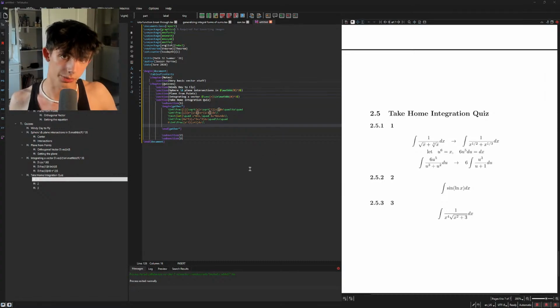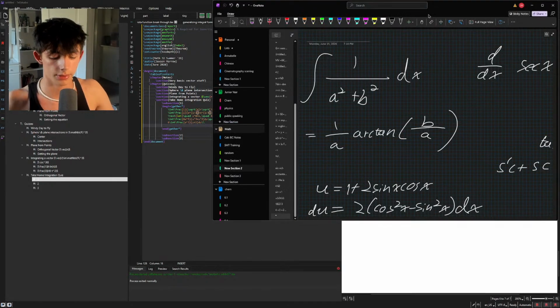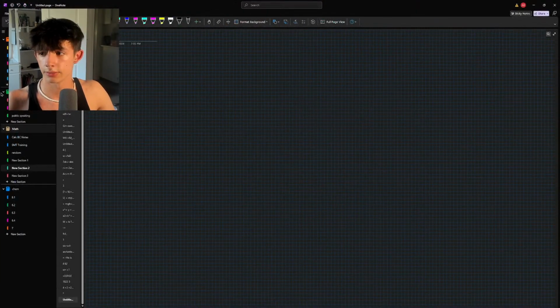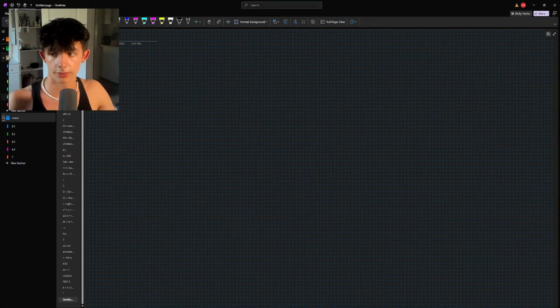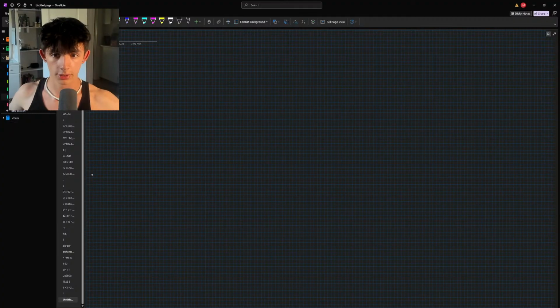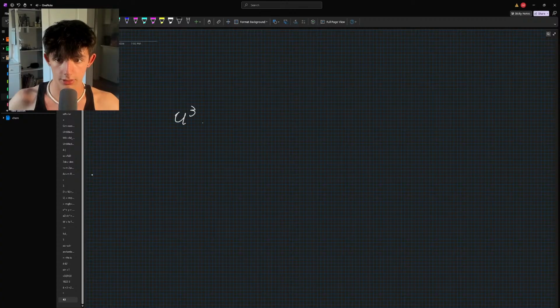Normally when you have a polynomial in the top and in the bottom, you can actually just divide. So let's open up OneNote by Microsoft. Close all of these. They're irrelevant. So yeah, let's do this. So we have u cubed divided by u plus 1.